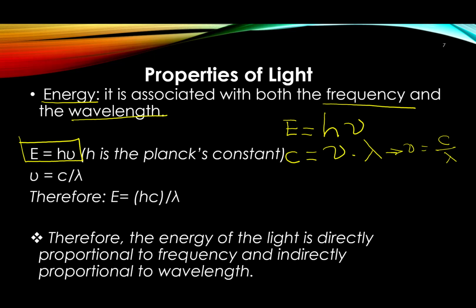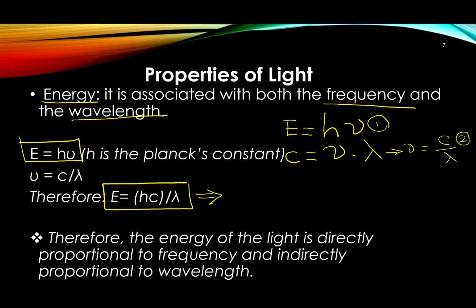Now the next thing I'm going to do is substitute 2 into 1. That means I'm going to rewrite equation 1 in terms of frequency. If you do that, the energy will be equal to the Planck constant times the speed of light divided by lambda.